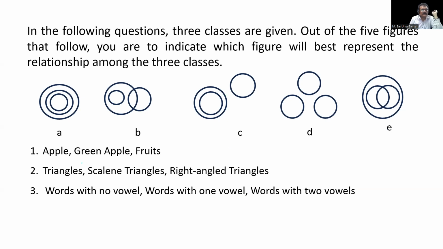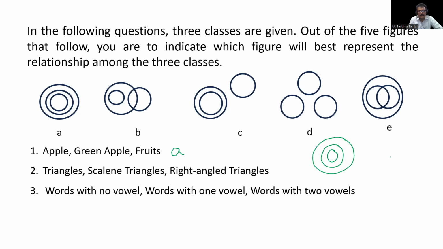Next, apple, green apple, and fruits. See, all green apples are apples, and all apples are fruits. So what is the answer? Option A is the correct answer. Next, triangles, scalene triangles, right angle triangles.